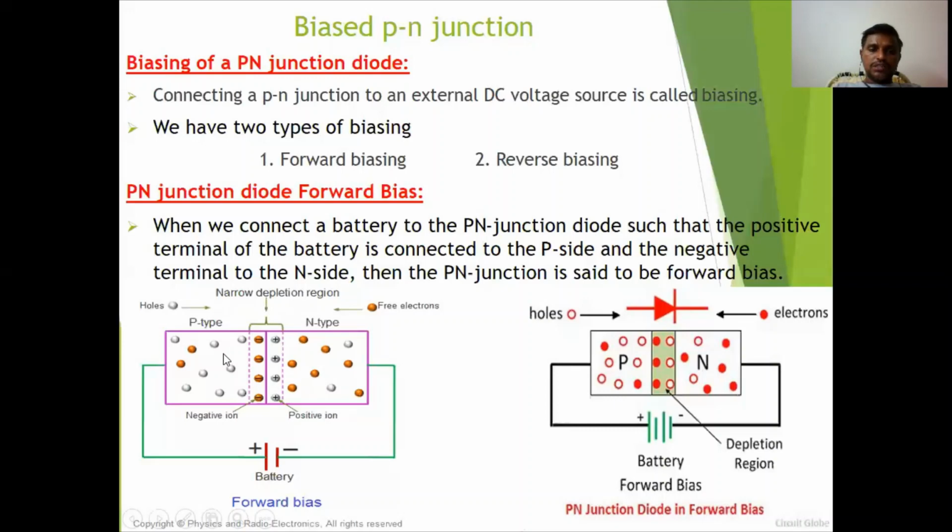More resistance means it cannot allow the majority carriers, the holes present in the p-type, to cross the junction and go into the n-type. Similarly, the depletion region will oppose the electrons moving from n-type to p-type by crossing the junction.